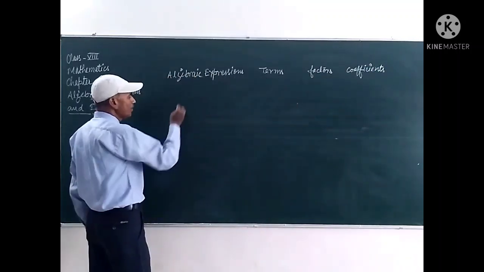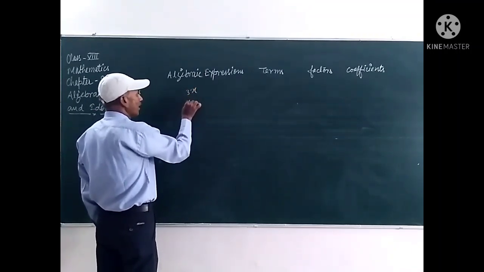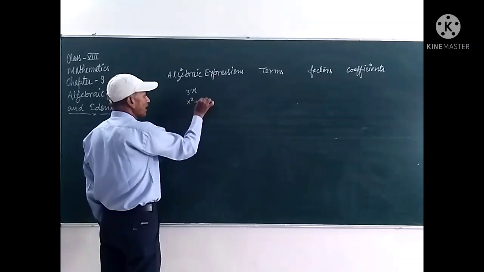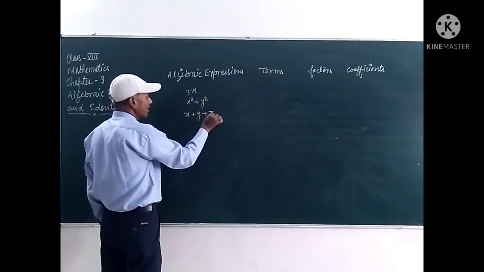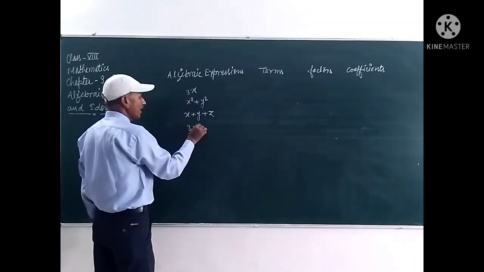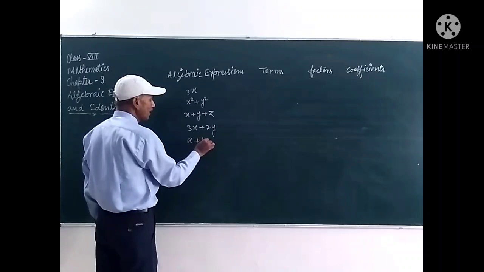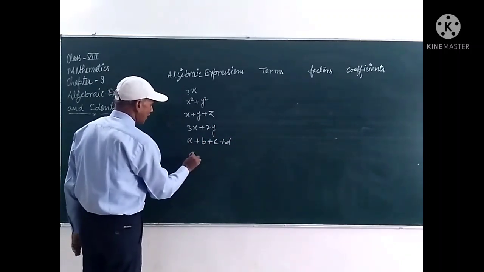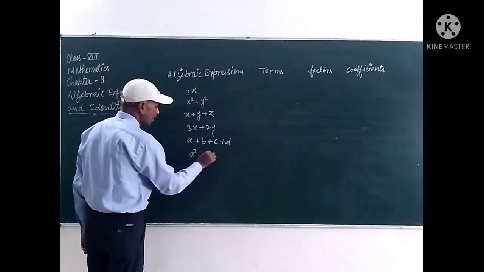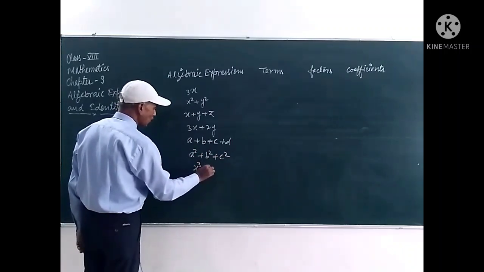So students, algebraic expressions like 3x, x square plus y square, x plus y plus z, 3x plus 2y, a plus b plus c plus d, a square plus b square plus c square, x cube plus y cube.